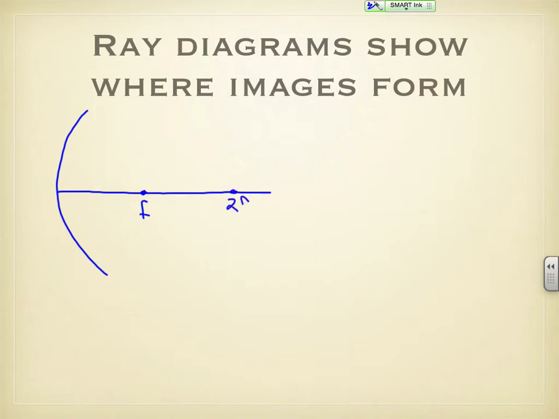So now we'd like to actually draw a ray diagram and show you where these images form. So if we draw a ray diagram, we've got some room there. So you're going to draw your mirror and you're going to draw your little principal axis. And you're going to pick some point and call it F, and then pick twice that far and call it 2F.